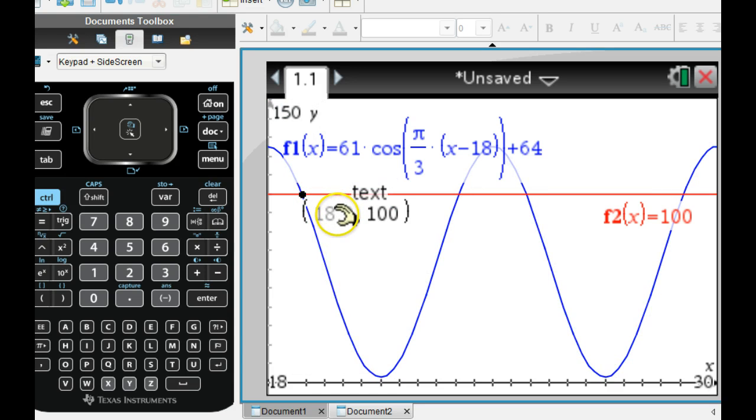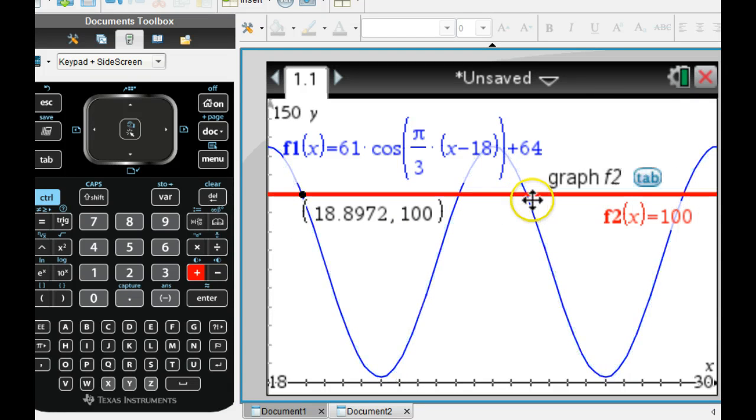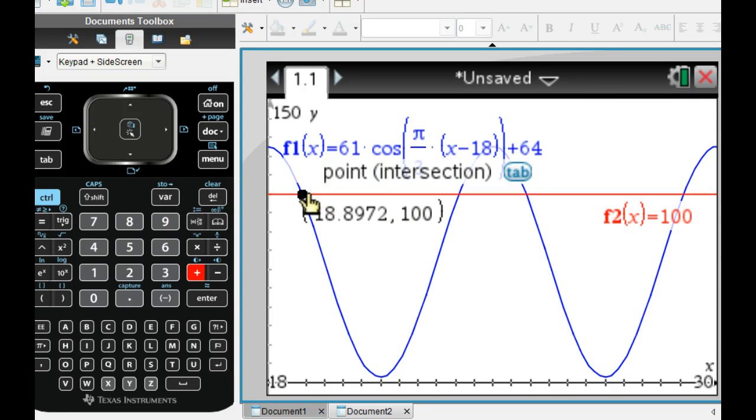And if I don't like my decimal places there, I go plus, hover over it, and do a plus sign. That gives me more decimal places. Now if you notice, this is one time I'm 100 feet off the ground. I can find all of these. This one and this one differ by 6 seconds. This one and this one differ by 6 seconds. Why? I hope you know that answer.